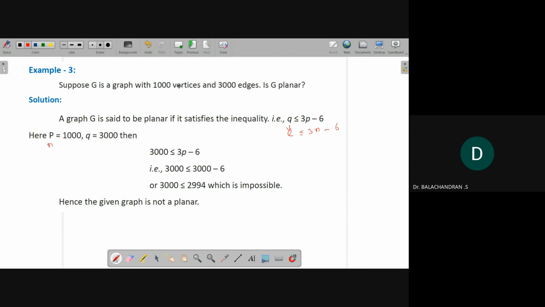Here n equals the number of vertices, 1,000, and E equals the number of edges, 3,000.